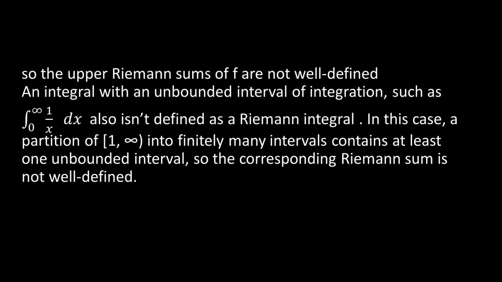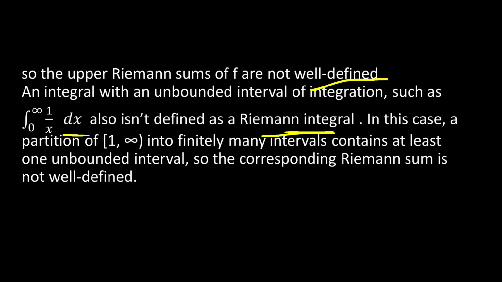So the upper Riemann sums of f will not be well defined, because the supremum is infinite. An integral with an unbounded interval of integration, such as the case we have just mentioned, is not defined as a Riemann integral. So you have to note that.